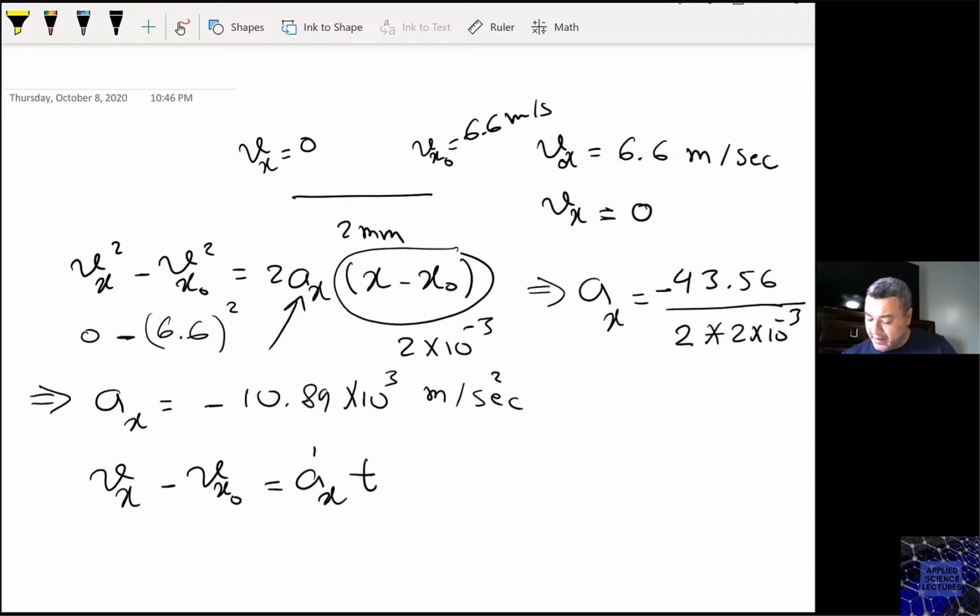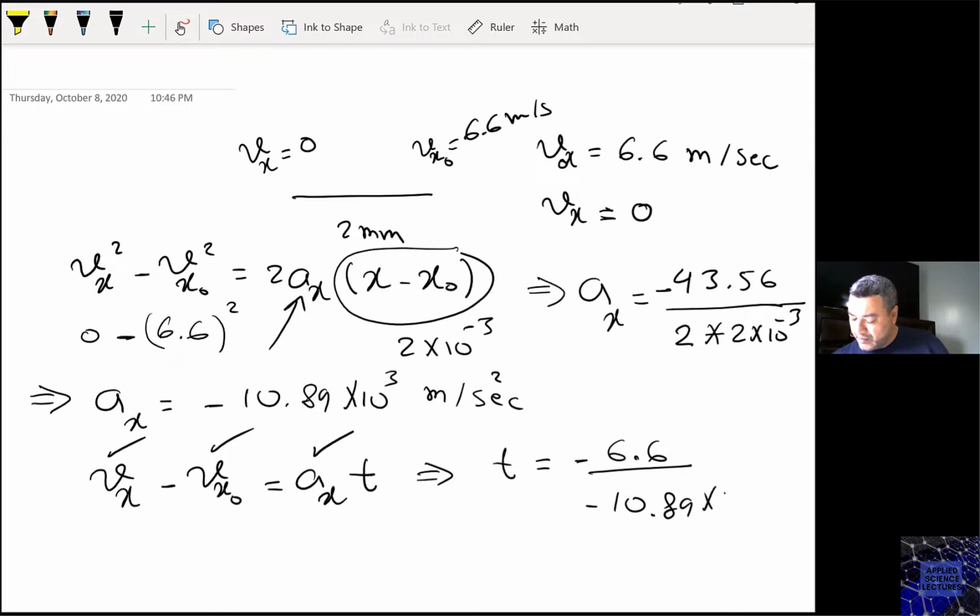You have the acceleration, you have the initial and the final speed, then time is minus 6.6 divided by minus 10.89 to the power 3, and then time is 6.1 to the power minus 4.